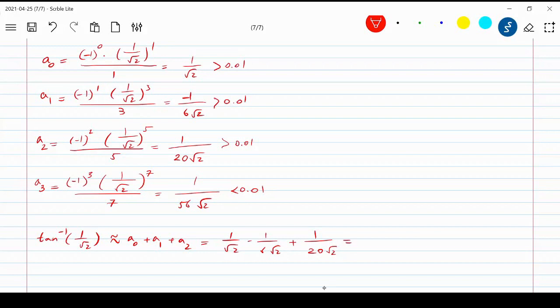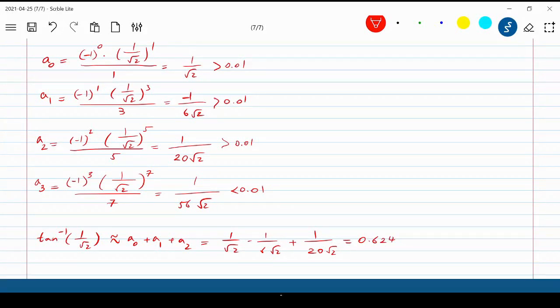And if I use a calculator for a second, I have a calculator here. And what did I get? I get 0.624, I think around that.